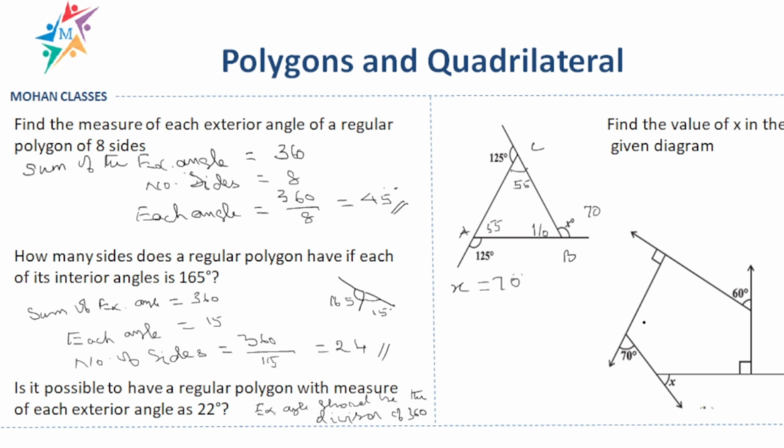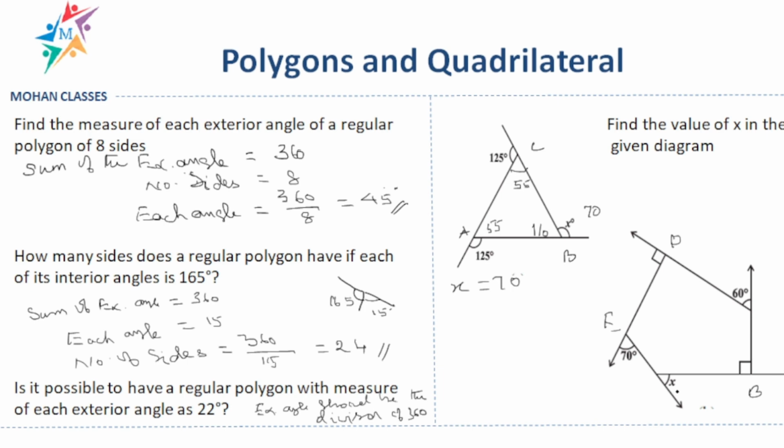Now take this polygon with vertices A, B, C, D, E. How many sides does the polygon have? 1, 2, 3, 4, 5, so it is a pentagon. Here this angle is 60 degrees.